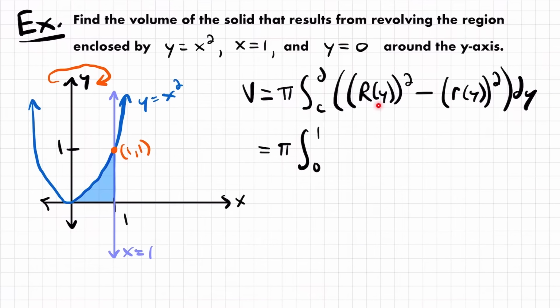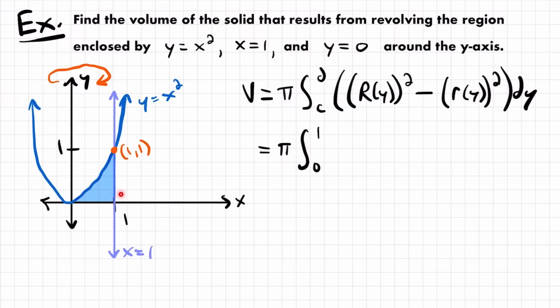and now we need to determine what our outer radius is and what our inner radius is. And the way we determine this is look at our axis of revolution, which is the y-axis, and determine which radius is the furthest away from that axis of revolution, and then which radius is closest to that axis of revolution. And so if we look at the y-axis here, what we're going to be revolving around, this parabola that encloses this region is the closest to the y-axis.